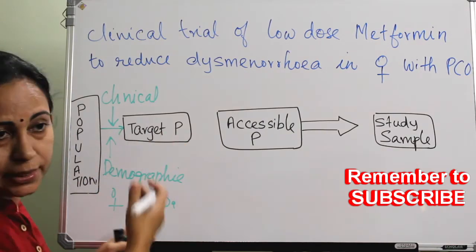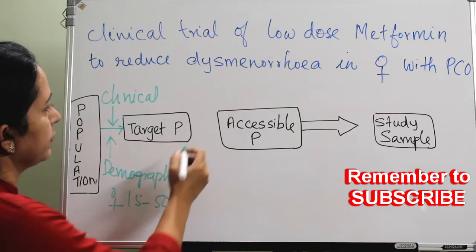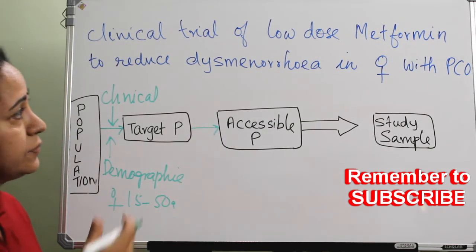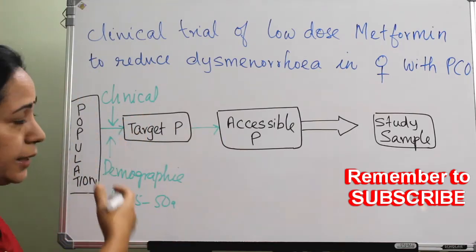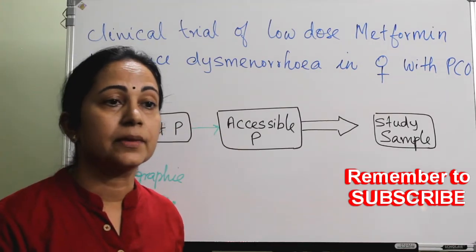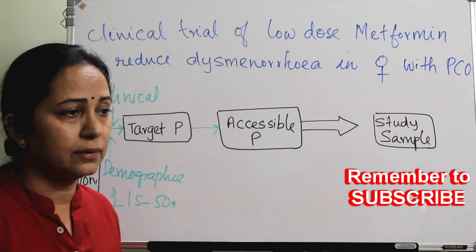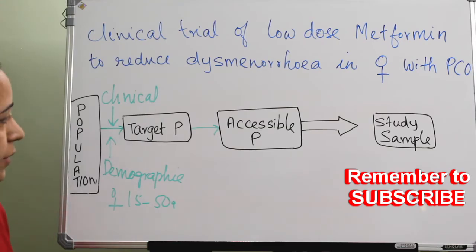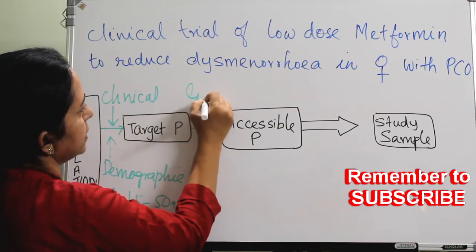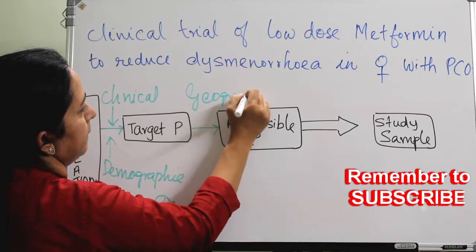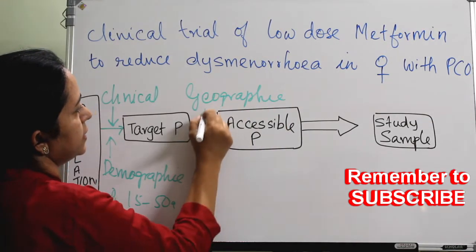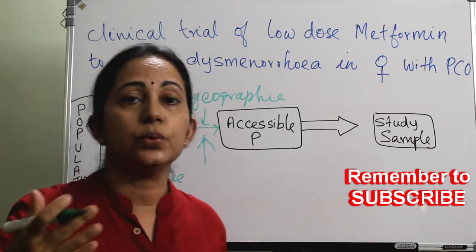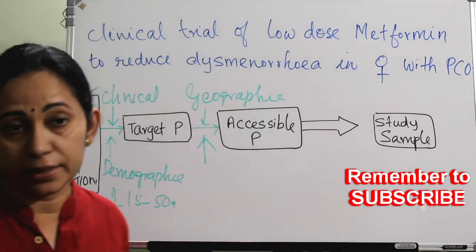So we made a target group, target population. And what becomes the accessible population? That is females with all these clinical and demographic characters attending the obstetrics and gynecology OPD in Government Medical College, Trivandrum. So that becomes a geographical character. And the temporal, again, it becomes from January 1st to December 31st of the specified year.